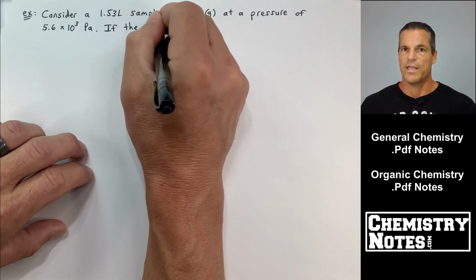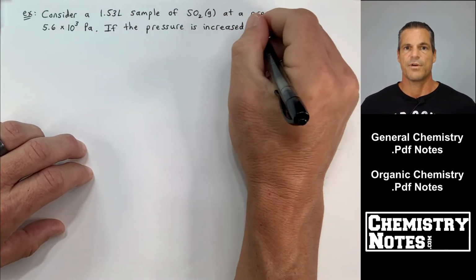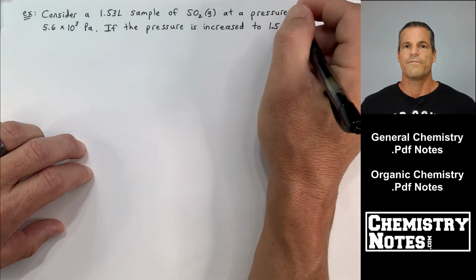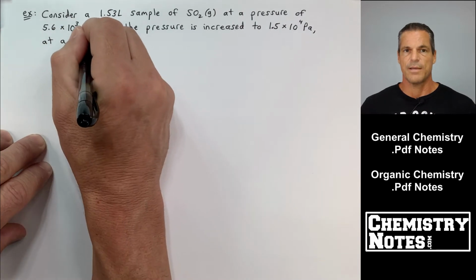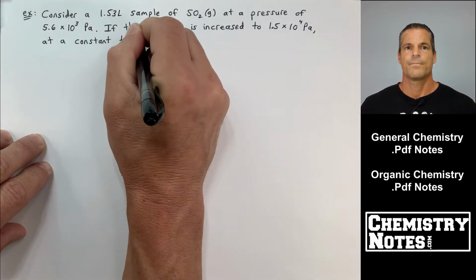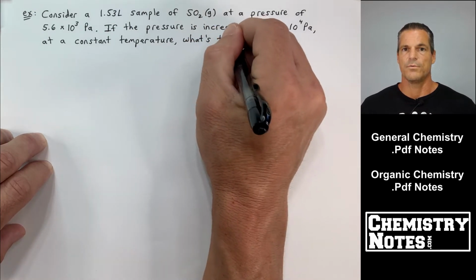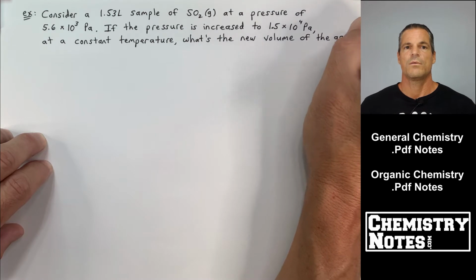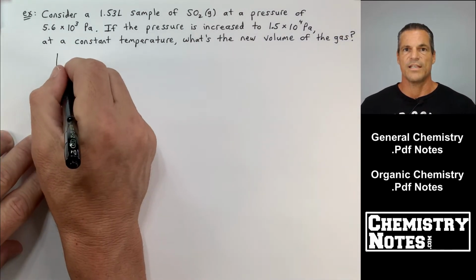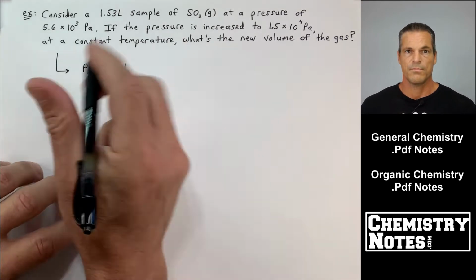If, there's the word if, there's the conditional, right? If the pressure is increased to 1.5 times 10 to the fourth pascals at a constant temperature, what's the new volume of the gas? In reading the example, we know that the relationships they're talking about here are pressure and volume.